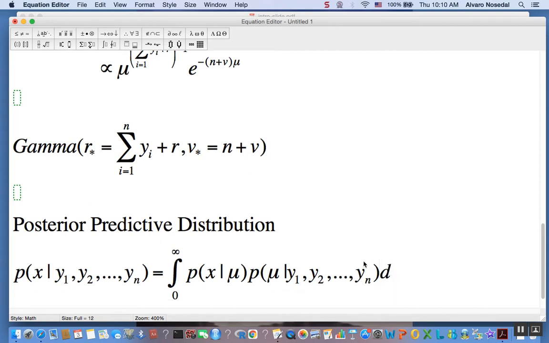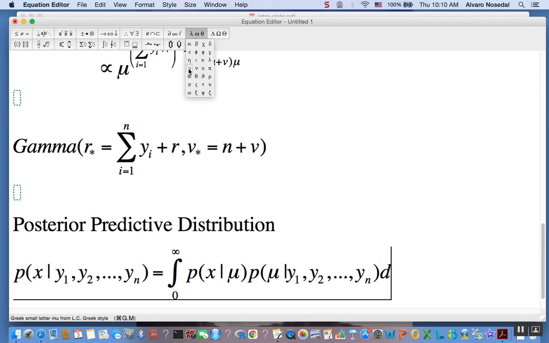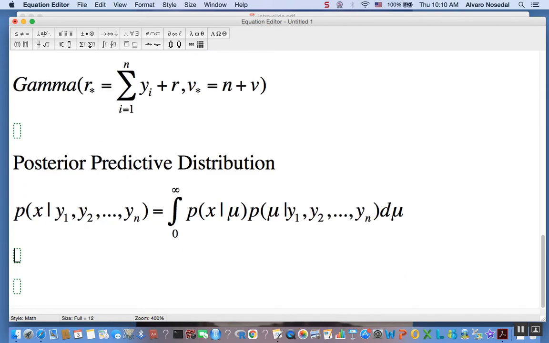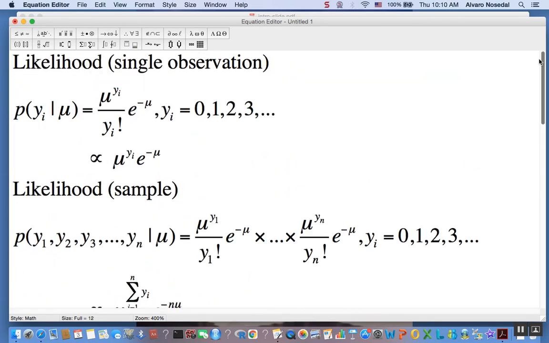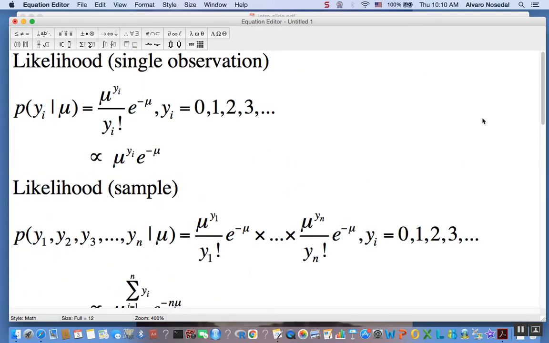Then we integrate with respect to mu, and that's exactly what we did. Note that x is going to be either 0, 1, 2, 3, and so on, because we're considering a future sample of size n star, but the values that the new variable could assume are the same as the values assumed by a single observation.